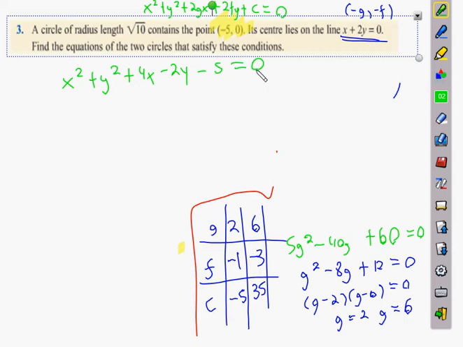The second one is x squared plus y squared plus 12x minus 6y plus 35 equals 0. Okay. One of them is obviously a larger circle than the other, isn't it?